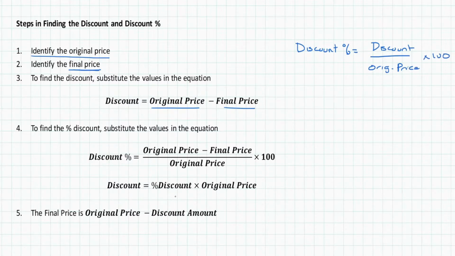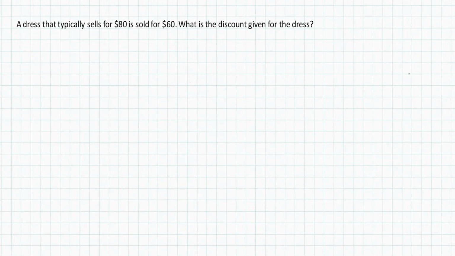And then your discount is your percent discount multiplied by the original price. That will tell you the discount. And then finally, your final price is going to be your original price minus your discount amount. So let's go ahead and look at some examples and see how we can apply this.